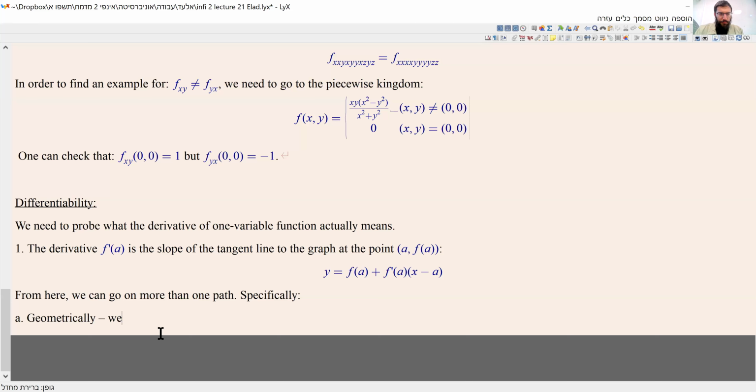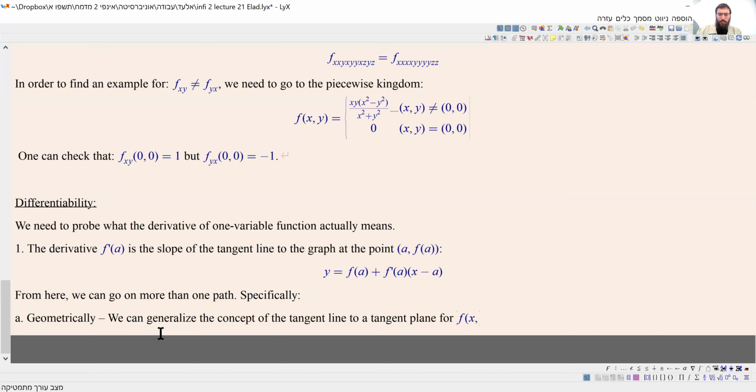We can generalize. Let's write down. We can generalize the concept of the tangent line to a tangent, let's say, plane for f(x,y).